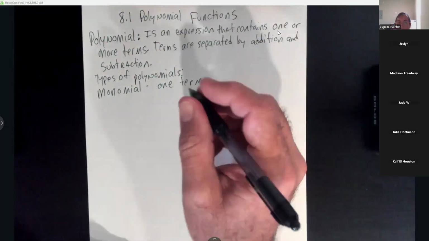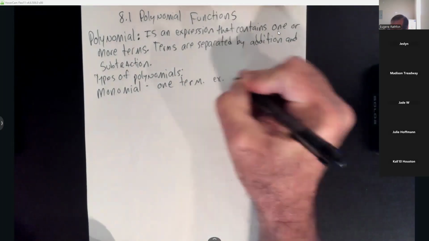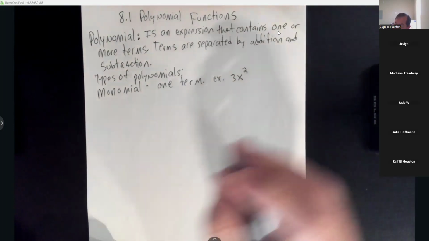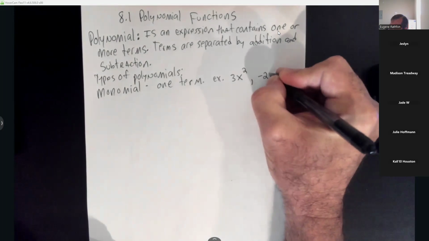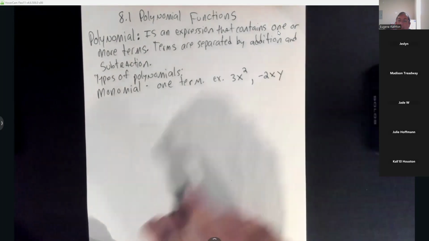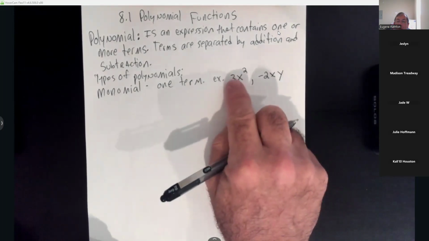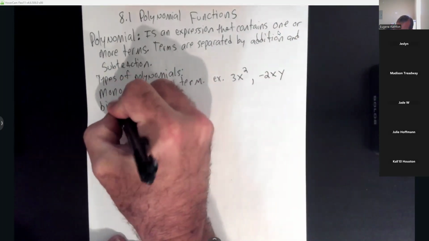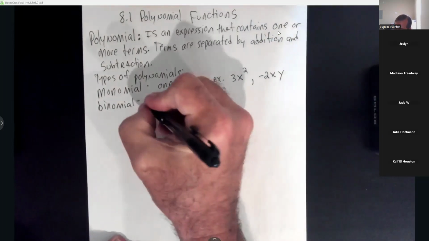Okay, so an example of a one-term polynomial could be something like 3x squared. You can have a negative 2xy, but these are examples of a monomial. They're one term, okay? A binomial would be two terms.